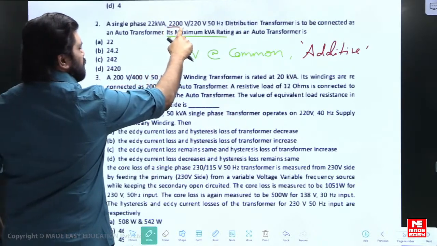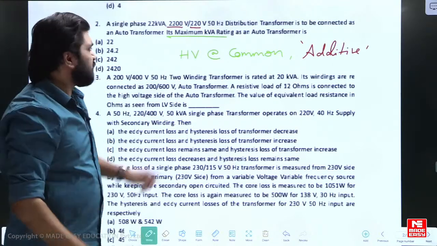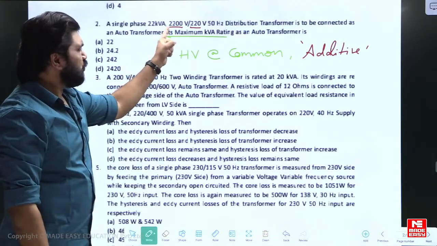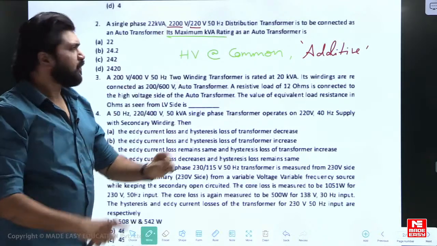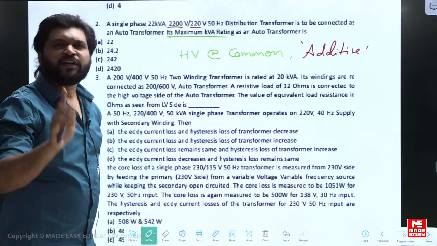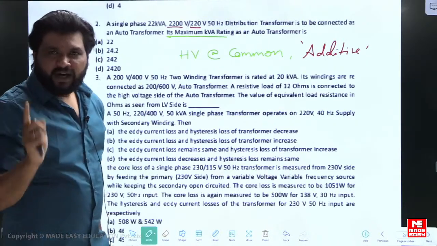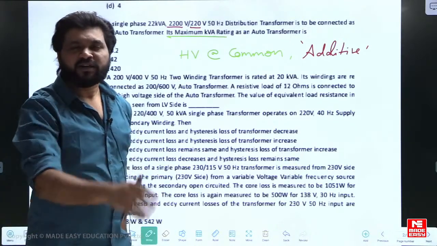Single phase 2200 by 220 volt transformers, right? So HV is 2200. So make 2200 as common portion, 220 as a single winding, non-common winding, additive polarity. That will be the maximum kVA rating of an auto transformer reconnected as a 2-winding transformer.